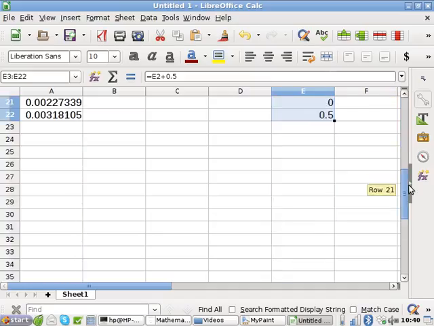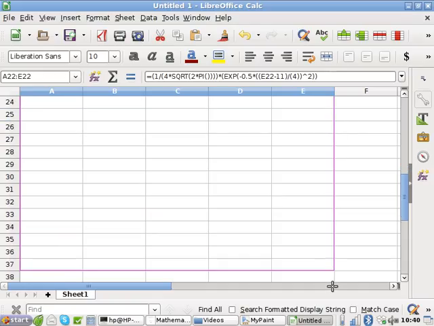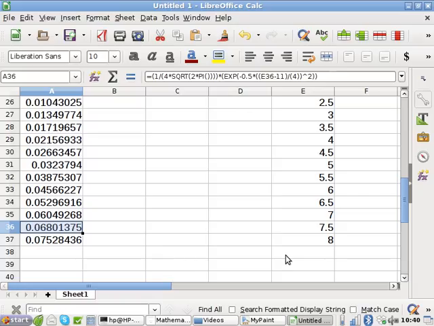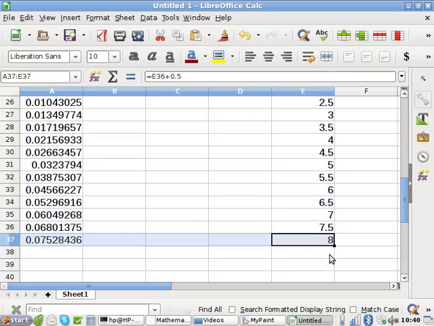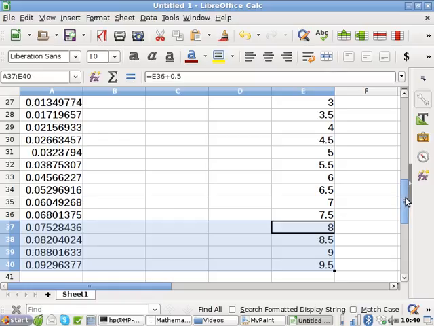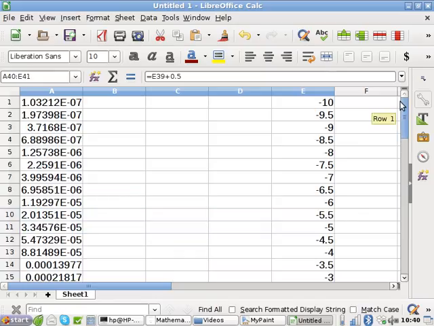Not far enough. I want to go from minus 10 to 10, because I want to make a graph for you. A hill.